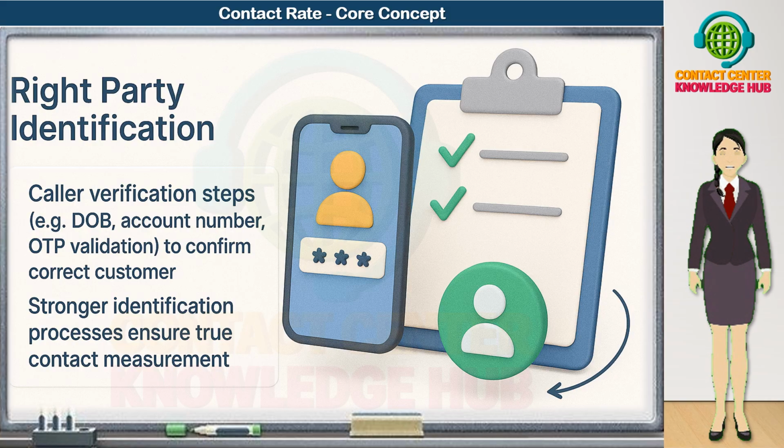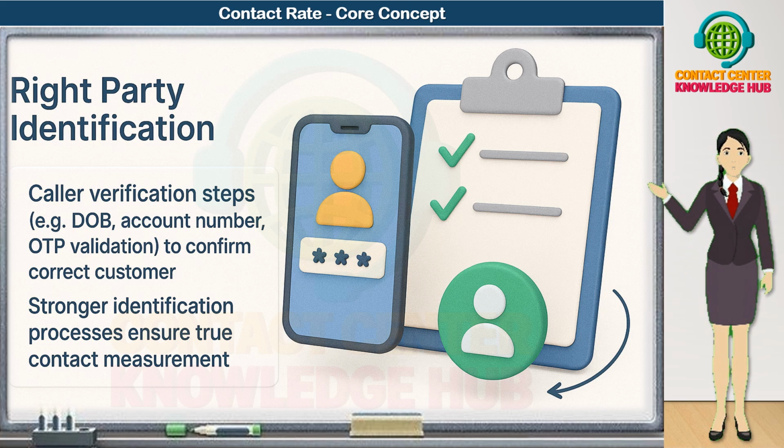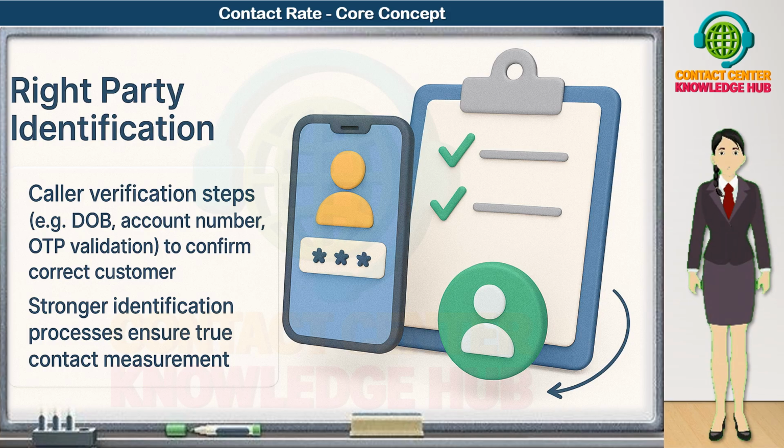Next, let's talk about another critical component of contact rate: right party identification. Connecting to someone on the line doesn't automatically mean you've reached the right person. To truly count as a valid contact, the agent must verify the customer's identity.